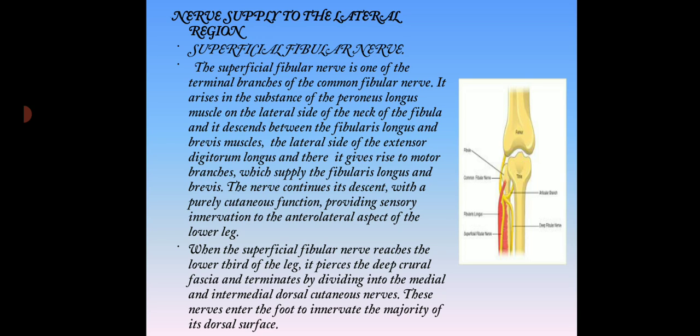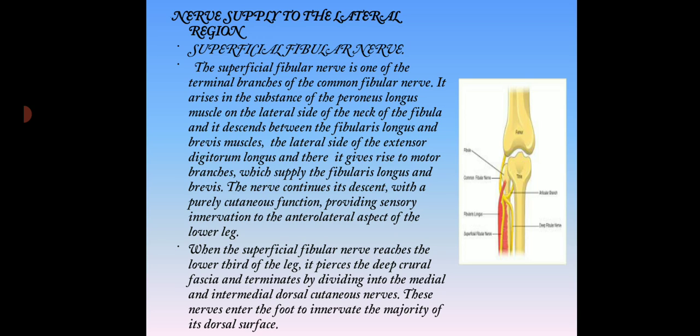Next, we are going to see the nerve supply to the lateral region. The nerve supply to this region is mainly provided by the superficial fibular nerve. The superficial fibular nerve is one of the terminal branches of the common fibular nerve.